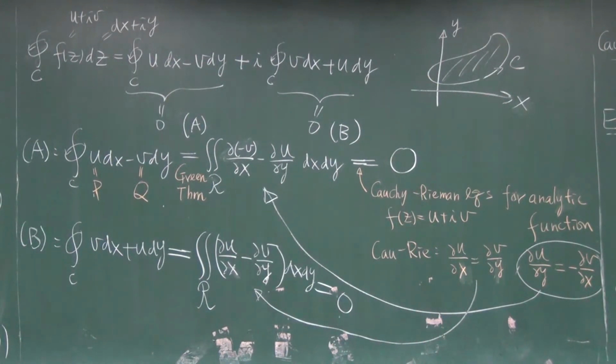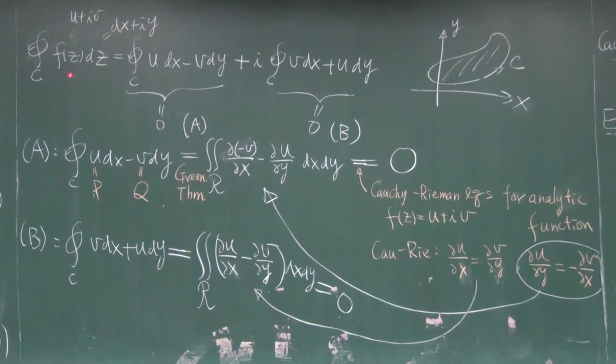Remember in section 1.4, I had already shown you a lot of examples of analytic functions, like the cosine function, sine function, exponential function, power function, fractional function, and polynomial functions, and hyperbolic sine and cosine functions.